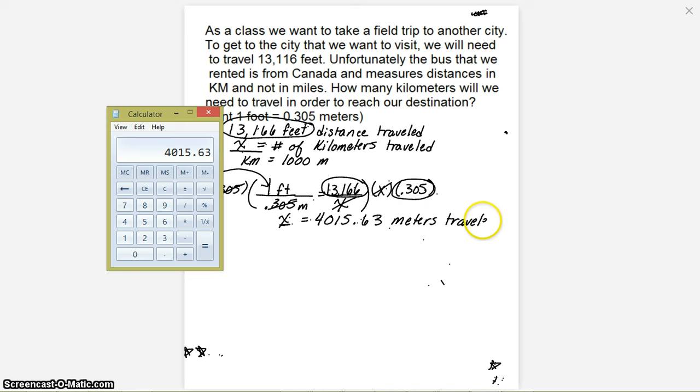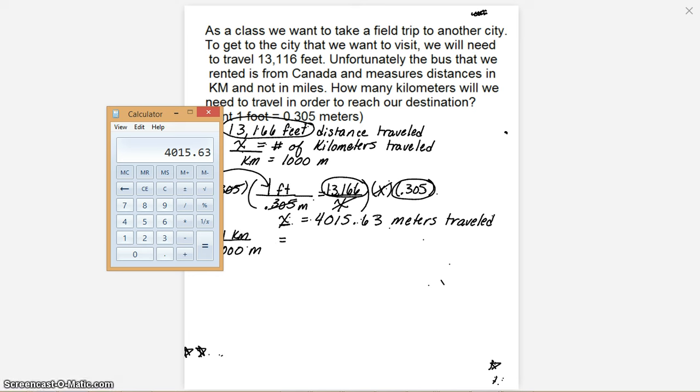Now I just have to do one more conversion, and keep in mind how long this problem is because our next video is about dimensional analysis, which makes this stuff a lot easier. So just something to look forward to, but for now we know that 1 kilometer is 1,000 meters. So I'm going to write that down, that 1 kilometer is 1,000 meters.